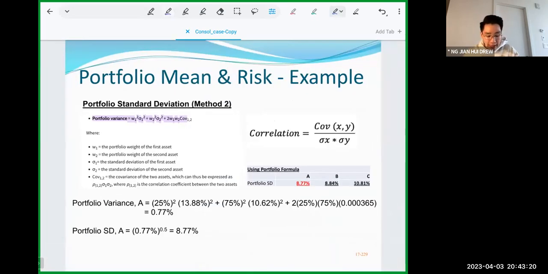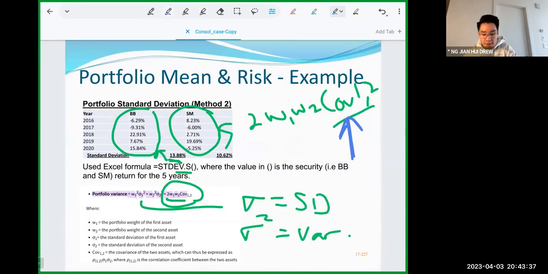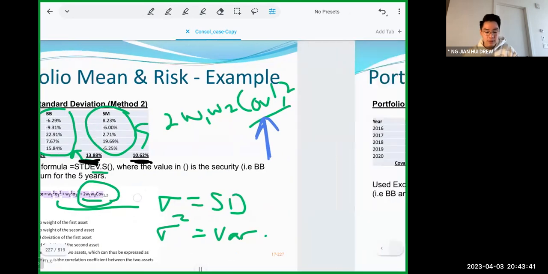So for portfolio A, variance is given by, remember, W1 square, so the weight square, times the variance or standard deviation square. Remember this one we calculated two slides ago. I'm just going to flip back. Recall we have calculated it here. Can you see?